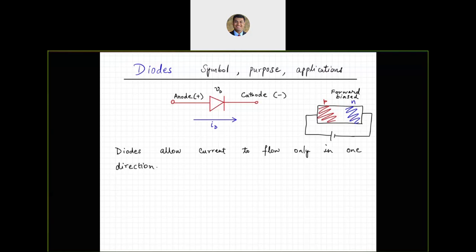And we call that region the reverse biased region of the diode. So by simply changing the polarity of the voltage source that you connect to the differently doped semiconductors, we can control the flow of current through the diode. That's the physics behind construction of the diode, and how we achieve this particular aspect of current flowing only in one direction.